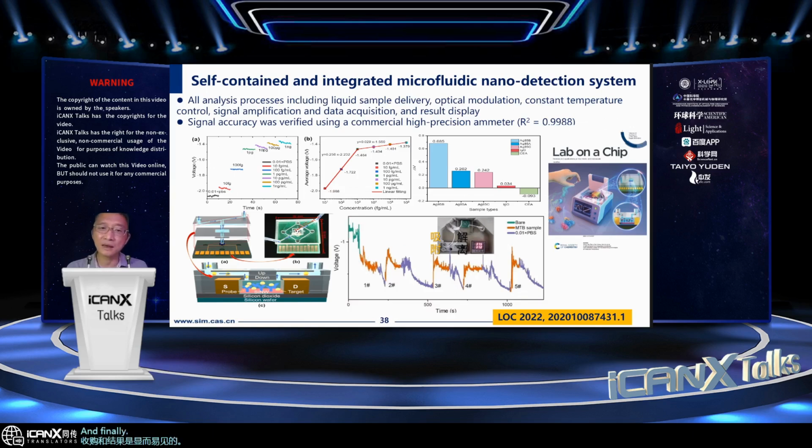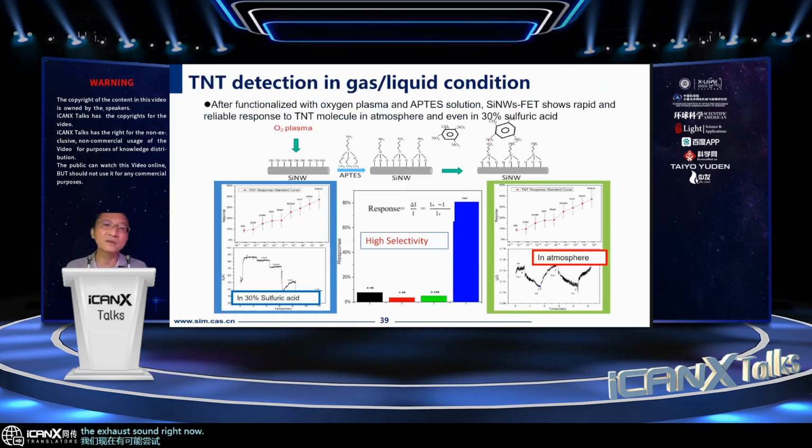And finally, we can detect the AG85B continuously with high precision. And it's possible for us right now to detect the exosome. And also we use our silicon nanowire to detect TNT, not only in gas condition, but also in liquid condition.